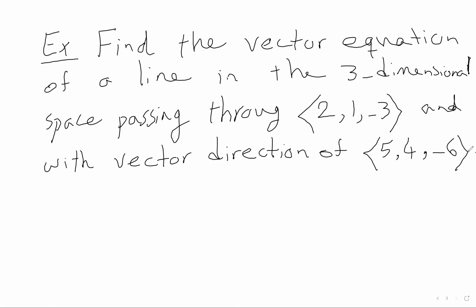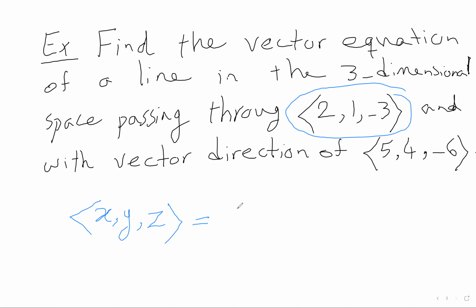So based on the formula that I just explained, it gives us that every vector on this line is this given vector plus t times the direction vector.